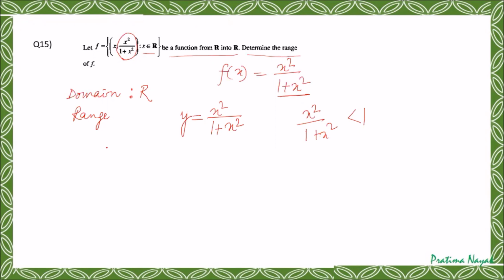So the range is starting from 0 and ending at 1, but 1 is not included. So this is your range. When you are getting 0, we are putting x is equal to 0. 0 square is 0.